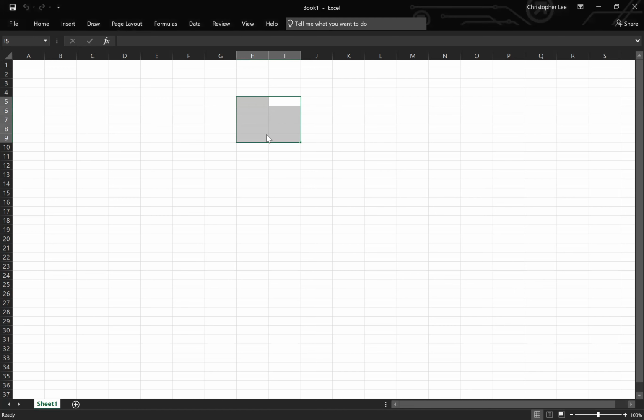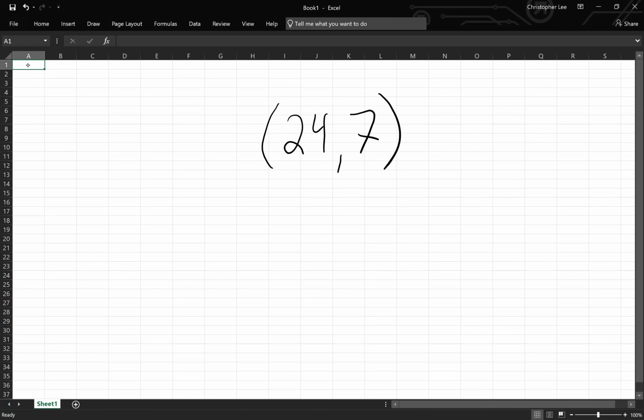So hold on. So you have x equals 24 and y equals 7 like this, and you want the vertical line going through it? All right. So which one is the vertical? Which one's the horizontal? Y is vertical, right? So look, let's say I have a graph that looks like this, right? This is my x, this is my y.